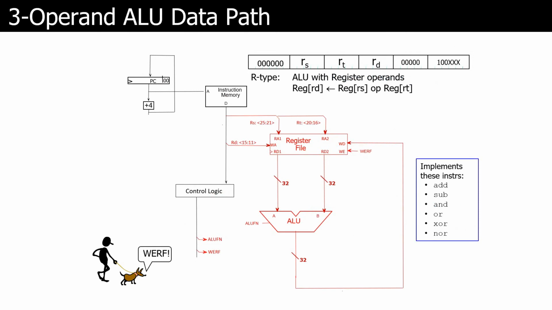Okay, so now that we have all this information, we can actually do useful work with our ALU, and we've added a couple things here. So note that this is just what I was talking about earlier. Coming out of instruction memory, we'll have our opcode and our function going into the control logic.